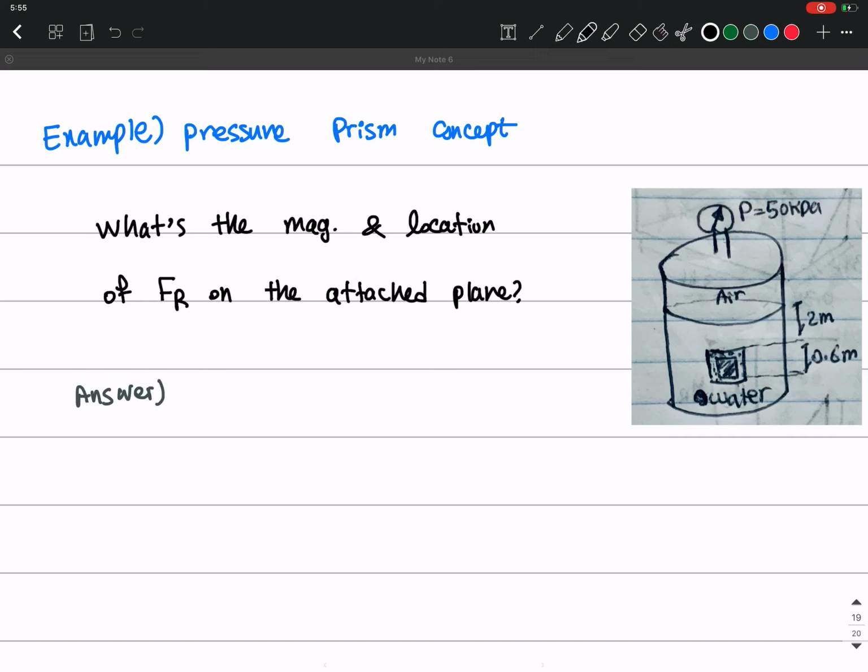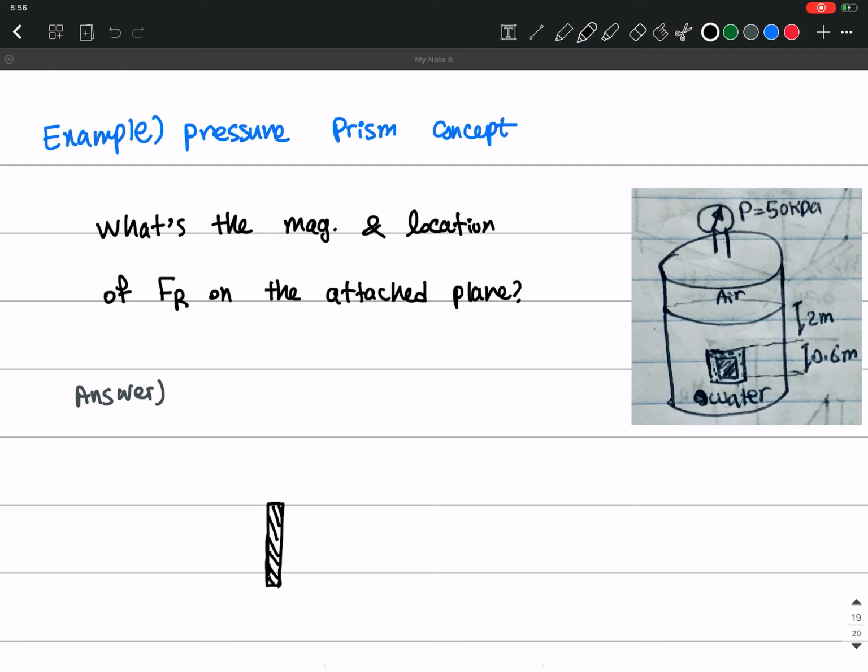So now I want to use the pressure prism concept, and what it means is as follows. We have this plate here which has 0.6 meter length, right? So let me just show the free body diagram of that. So say we have this. This is the plate from side view.